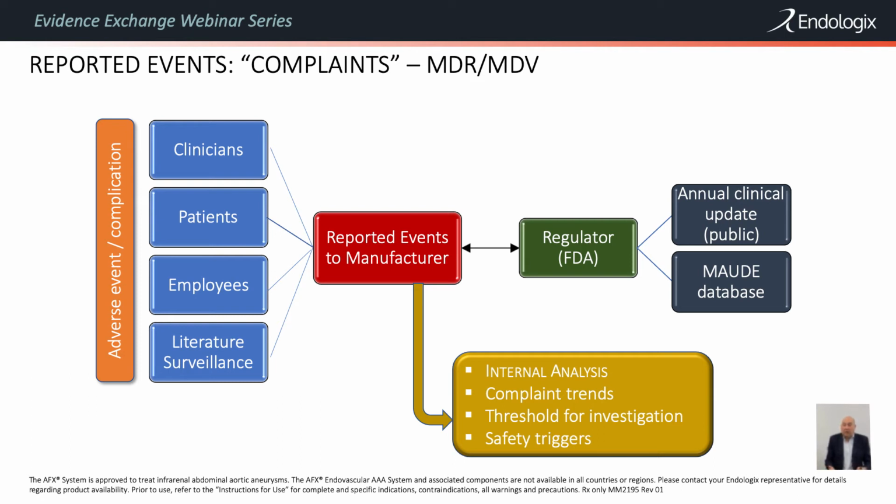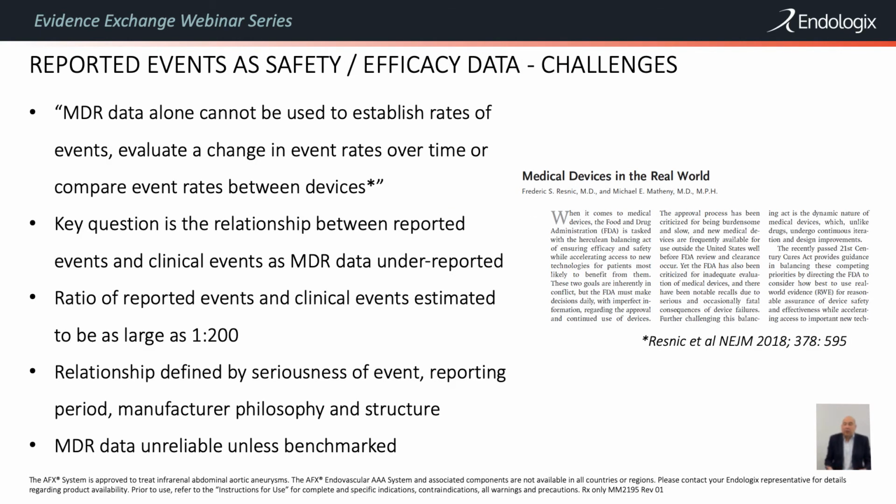We look at complaint trends, we look at a threshold for any investigation, and we have safety triggers. But of course, the problem is that there is not a 1-to-1 ratio between a patient having a clinical event and that complication being reported to the manufacturer.